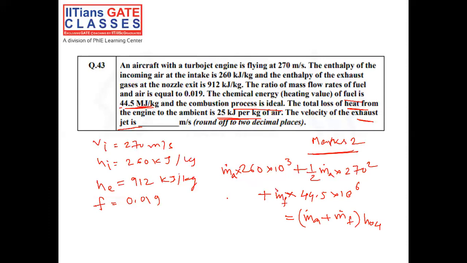Now we can take ma dot common from both sides and make it a ratio of mf dot by ma dot, and if we substitute all the values we will get H04 as 1120657.5 joule per kg.